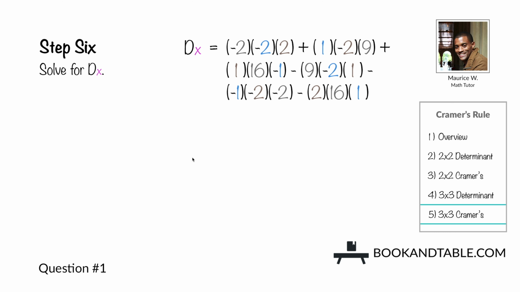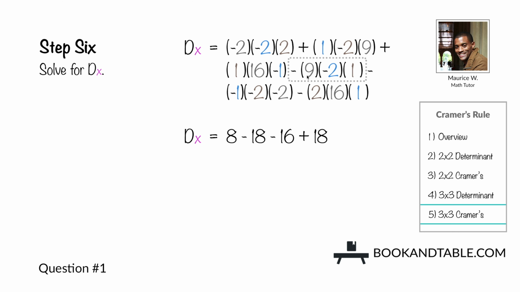So we get dx is equal to negative 2 times negative 2, which is 4, times 2 will give us 8, plus 1 times negative 2, which is negative 2, times 9 is negative 18, plus 1 times 16, which is 16, times negative 1 is negative 16.